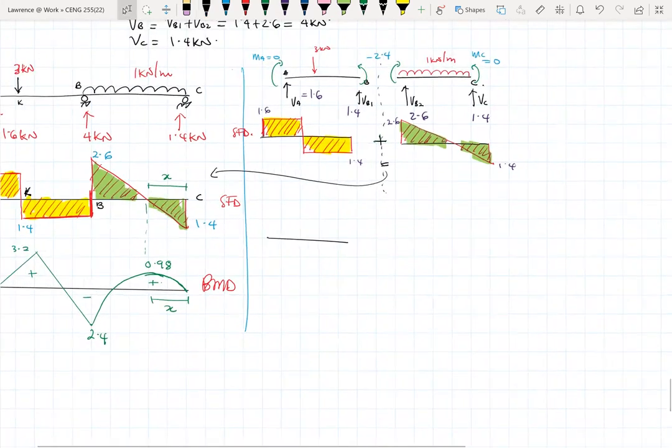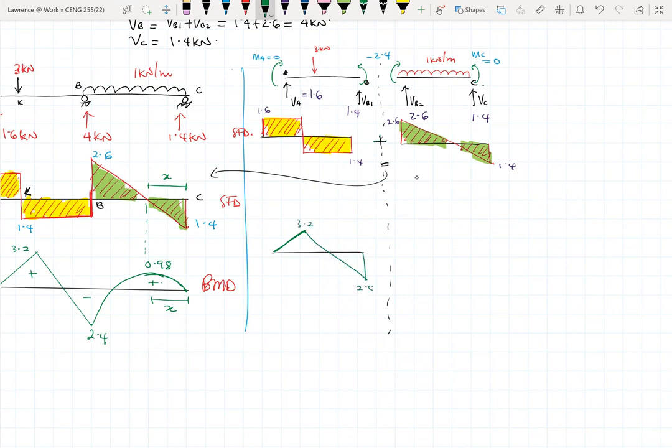Then our bending moment diagram will look like this. It's VA, so it goes to 3.2, then it comes down to minus 2.4. So this is our bending moment diagram. There's 3.2, and this is 2.4.